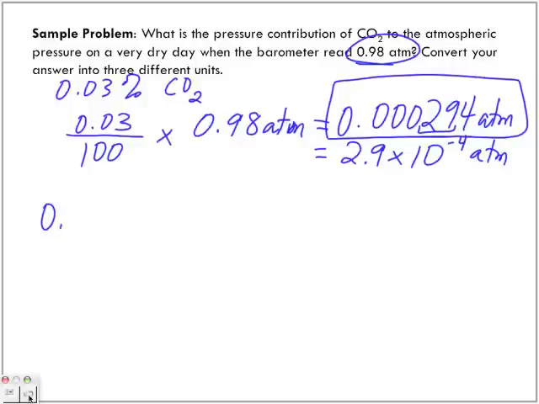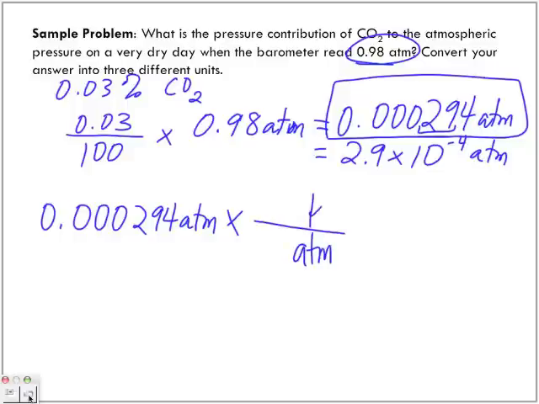And we get 0.0000294 atmospheres. And we're going to convert it into kilopascals. We want to get rid of atmospheres, and we know that one atmosphere is equivalent to 101.3 kilopascals.